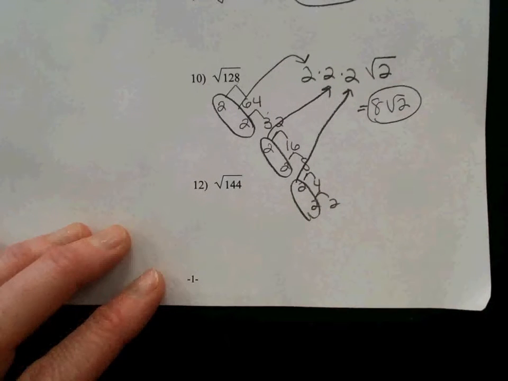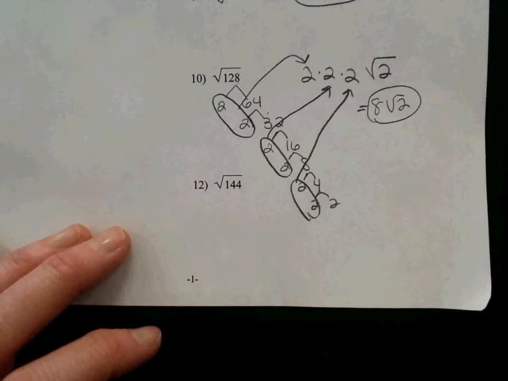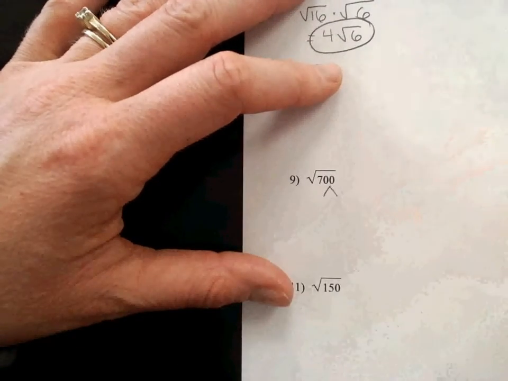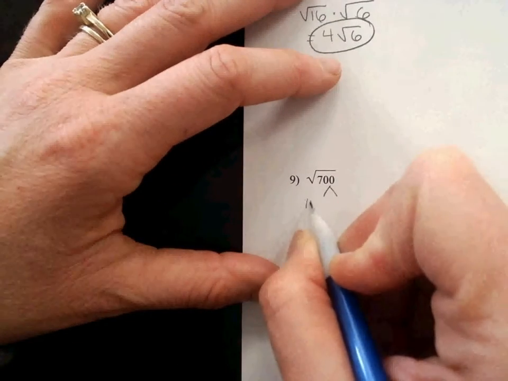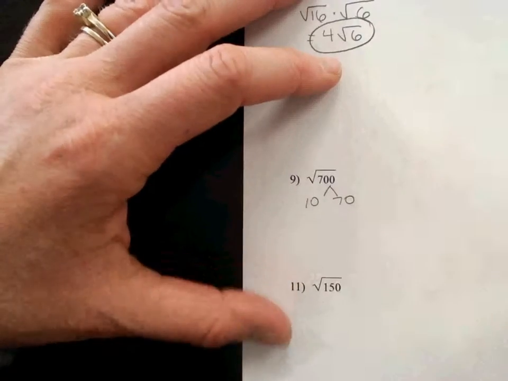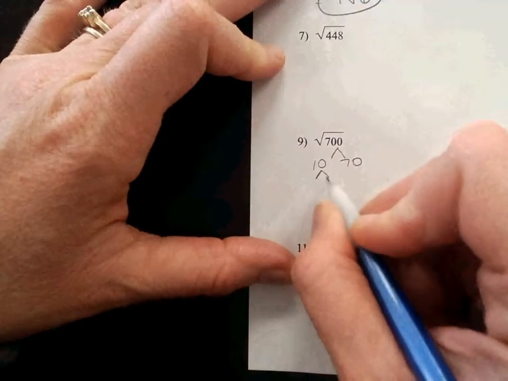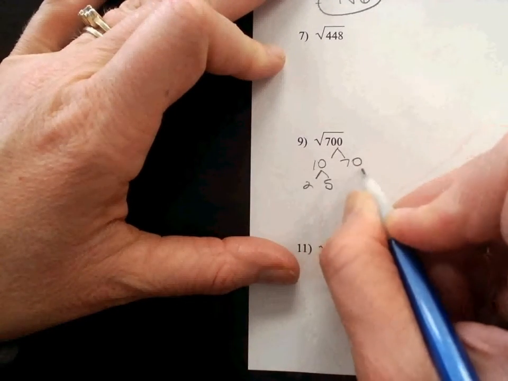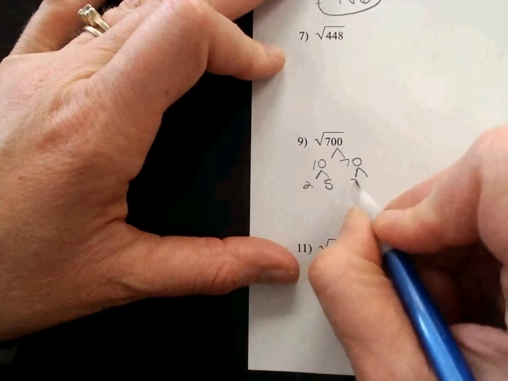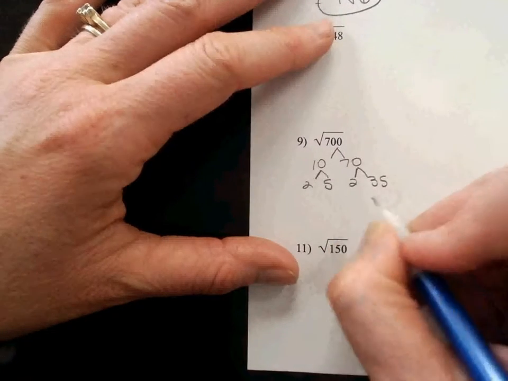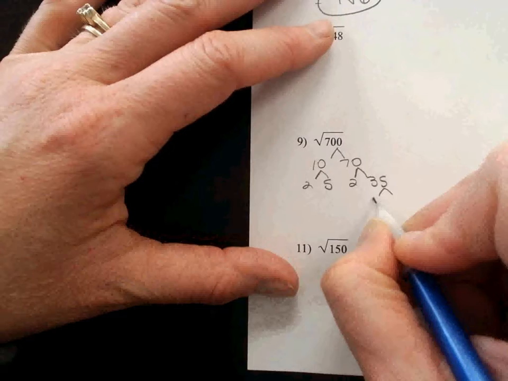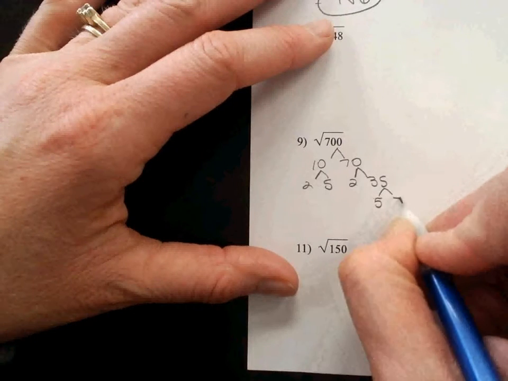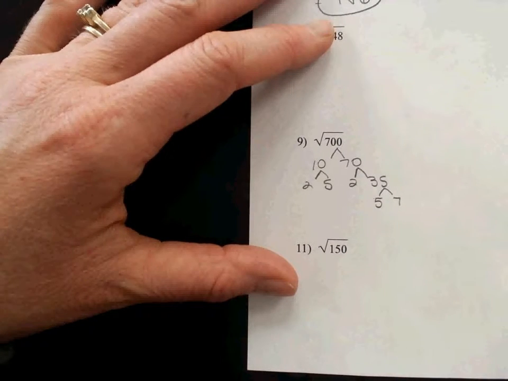I think everyone could do number 12 pretty quickly. Number 9 with jailbreak. Okay. So maybe you thought 10 and 70. 2 and 5. 2 and 35. 5 and 7. That's it.